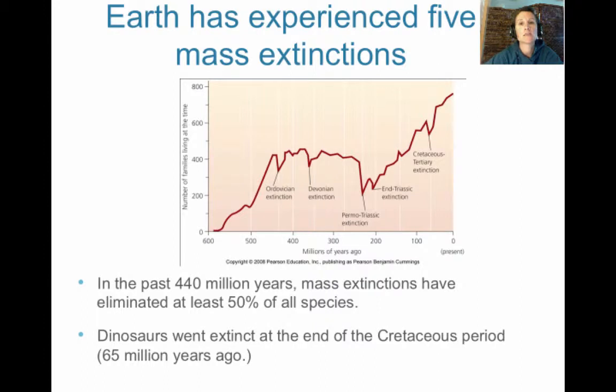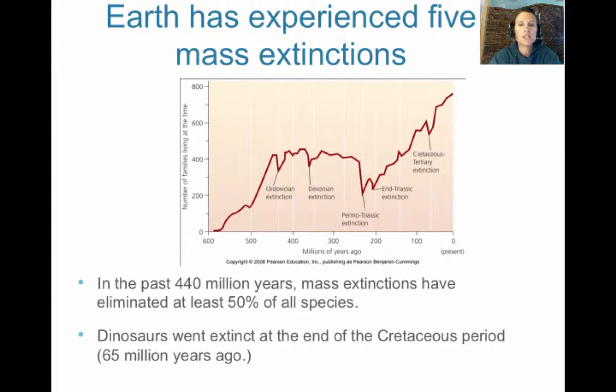So the Earth has experienced 5 mass extinctions, and you can see this chart here. As the chart goes up, it's charting the number of families living at the time, and they're talking about families meaning in the taxonomic tree. So we're discovering all these species, and then you've got the first dip there, and then it goes up again.